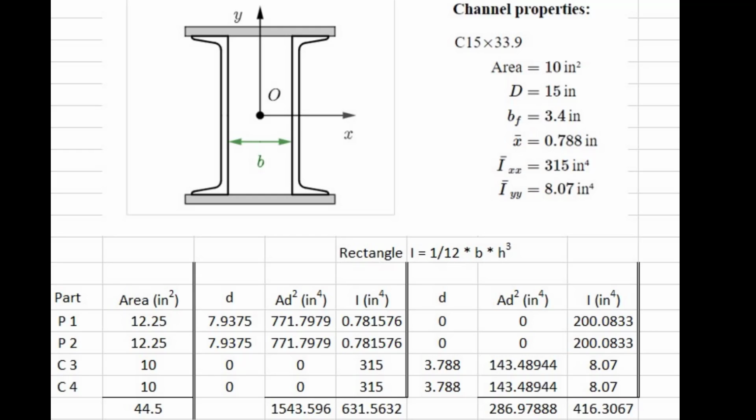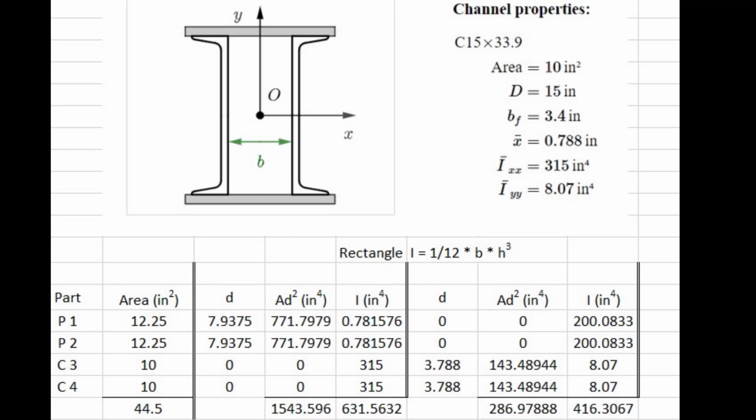Now, the rectangle formula switches here because this is about the y-axis. So now it's going to be 1/12 times the height, which is 14, to the third, times the 0.875.